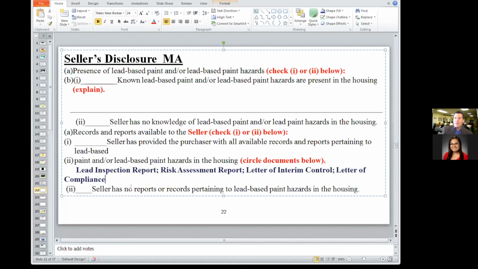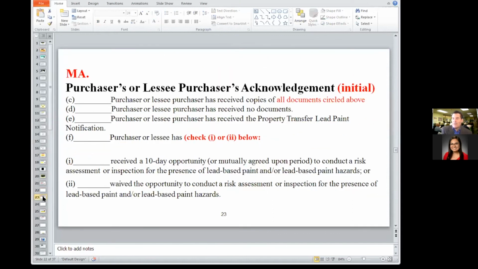So if the seller has no documents, whether they have knowledge or not, there are no documents. When we get to the next section, did you receive copies of documents that were circled? No, I don't have any. There were no documents circled or attached. So you would then make sure that you initialed D. Purchaser has received no documents.